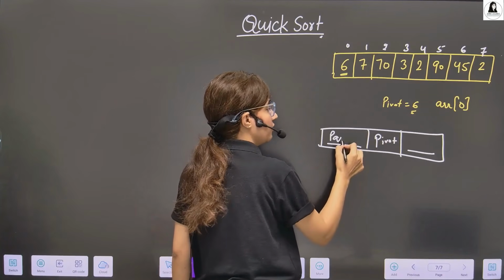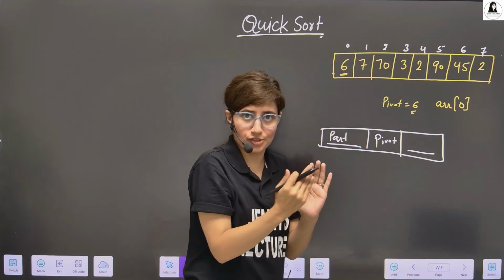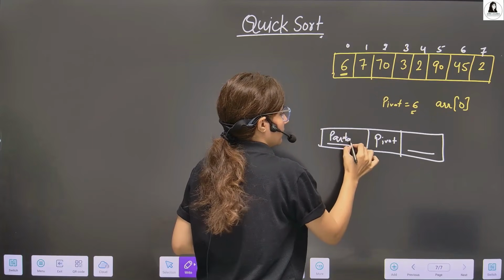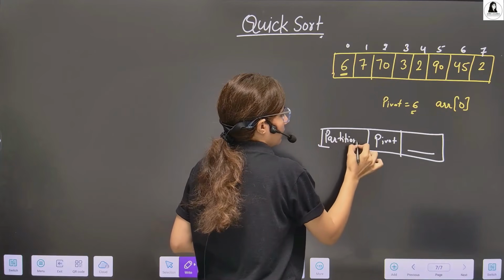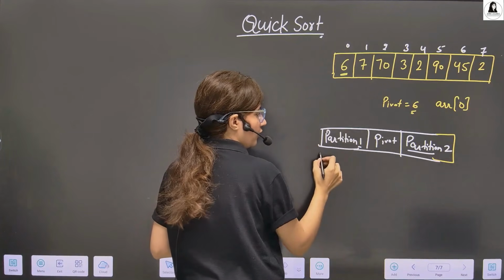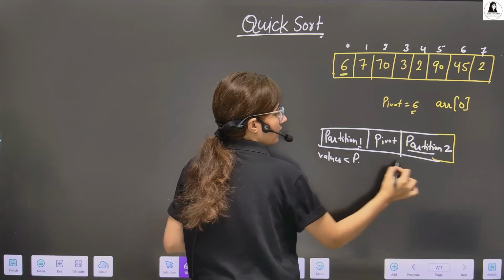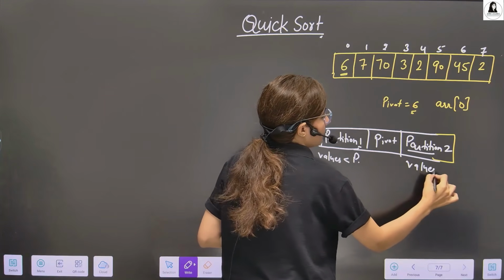So we can say we have divided the array into two partitions. This is partition 1, partition 2. Here all the values are less than the pivot, and here the values are greater than the pivot.